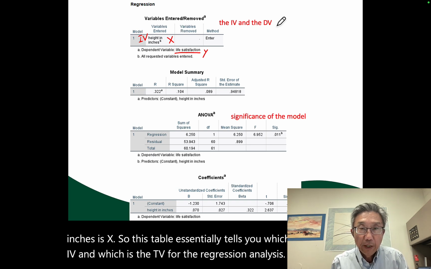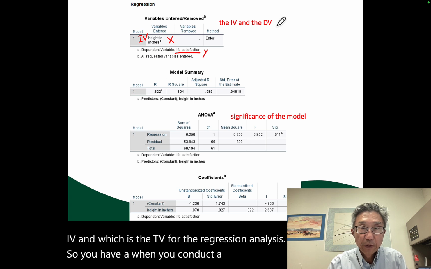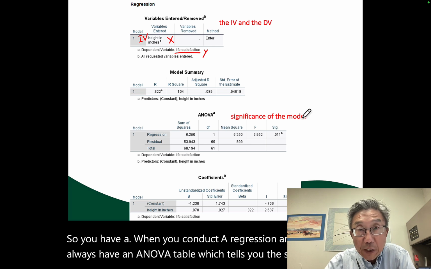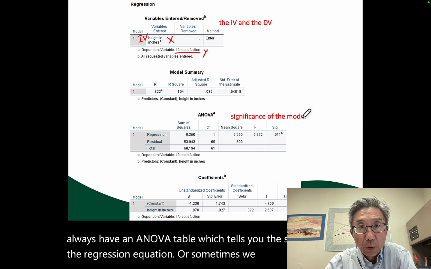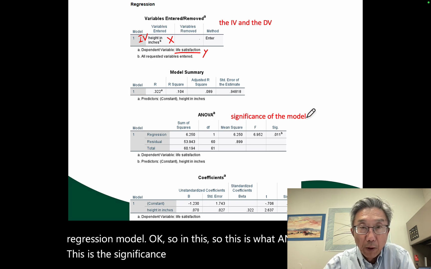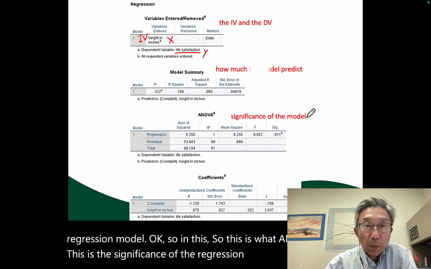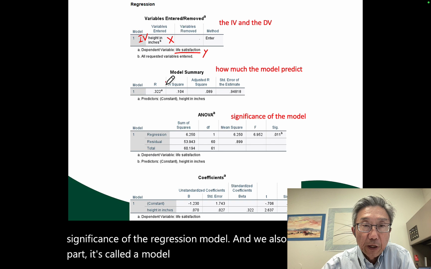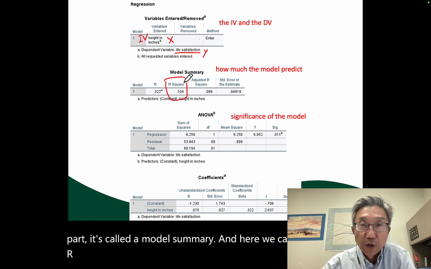When you conduct a regression analysis, you always have an ANOVA table, which tells you the significance of the regression equation, or sometimes we use the term the regression model. Okay, so this is what the ANOVA tells you. This is the significance of the regression model. And we also have another part called the model summary, and here we can find R squared.